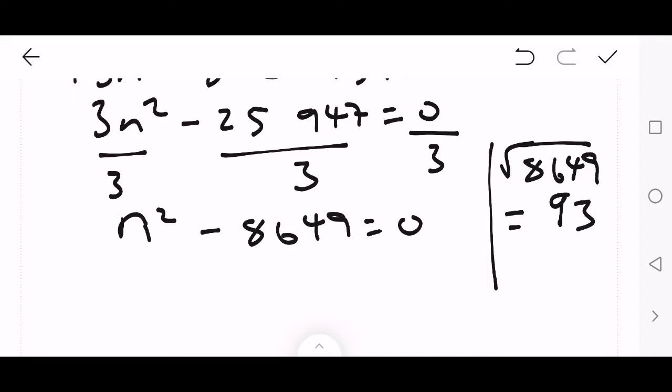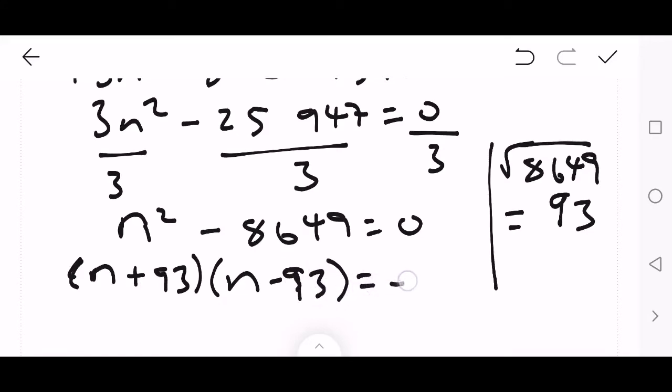So just like we predicted, this is a difference of 2 squares. So we have n plus 93 into n minus 93 equals 0.